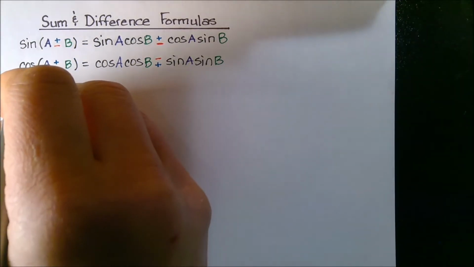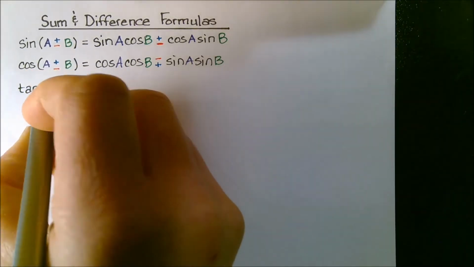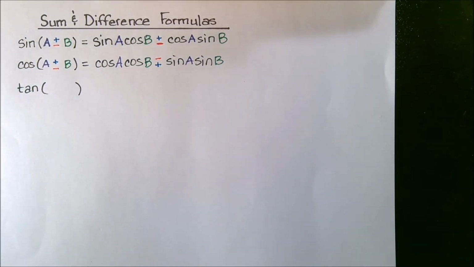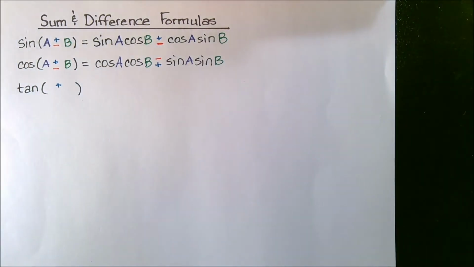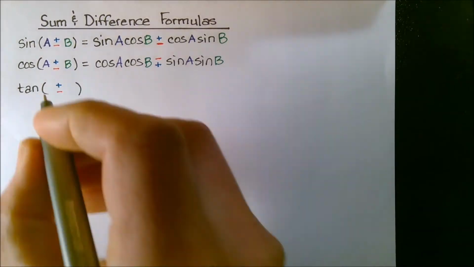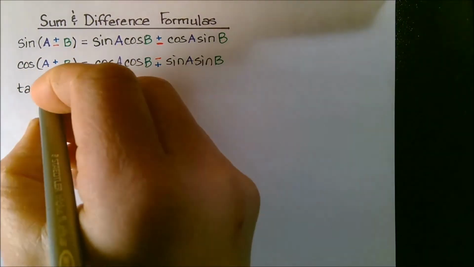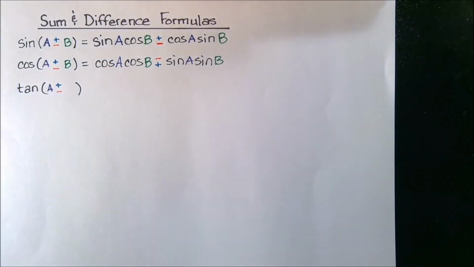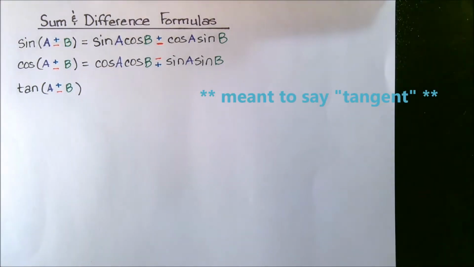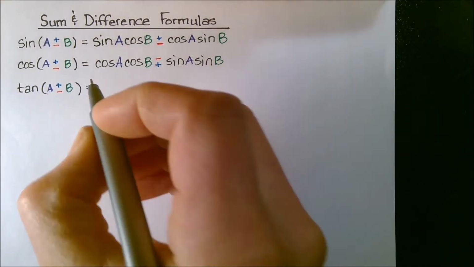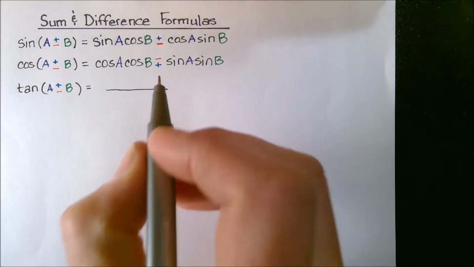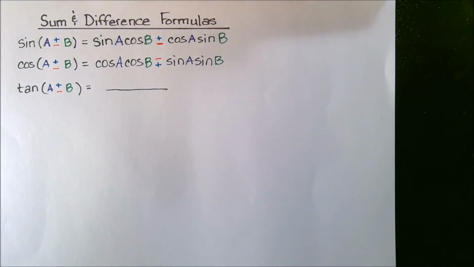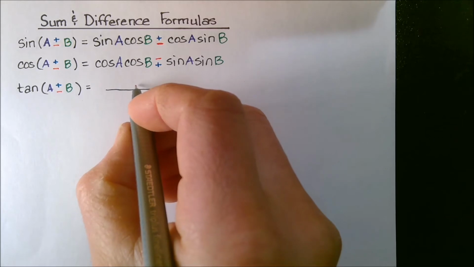Tangent of a sum or difference. And again, I'm going to try to help you out here in terms of using color to show what's going on and explain. Again, it's not so much the why as it is just tricks to remembering them. So for tangent of a sum or difference, we're using A for the first angle again and B for the second angle. Think about this. If it was sine, it would be the same sign.